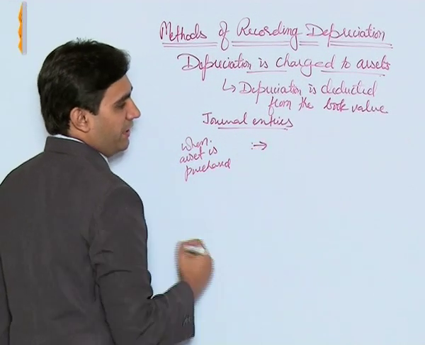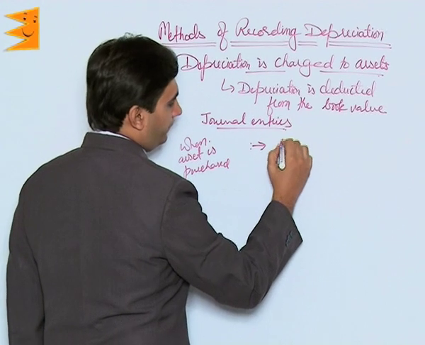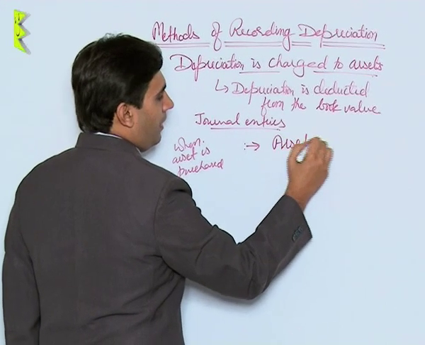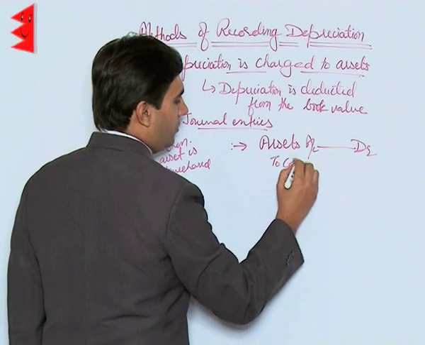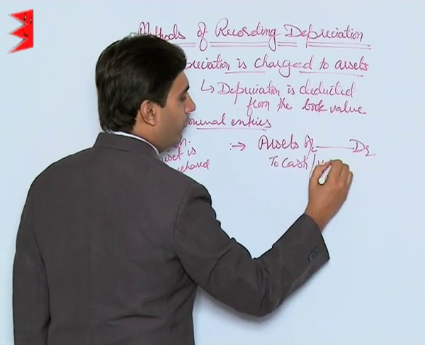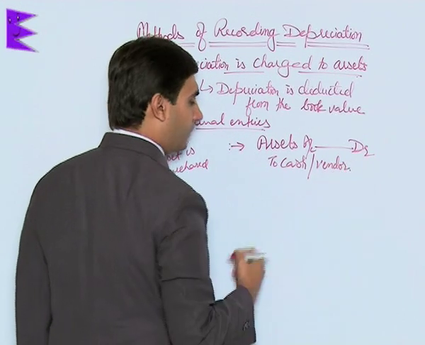When asset is purchased, journal entry would be assets account debited to cash or to vendor, that is the seller.